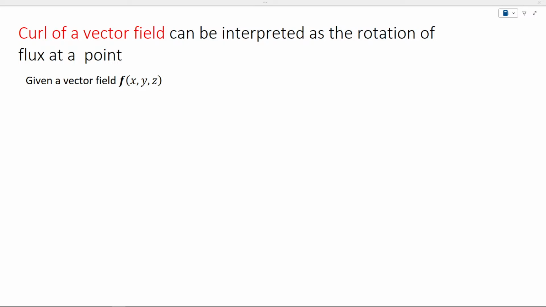Given a vector field, we know how to represent a vector field, so I put this arrow here. F of x, y, z is F1 in the i direction plus F2 in the j direction plus F3 in the k direction.